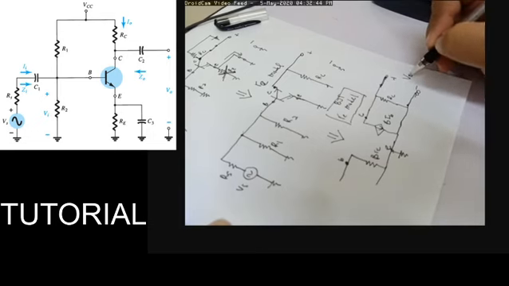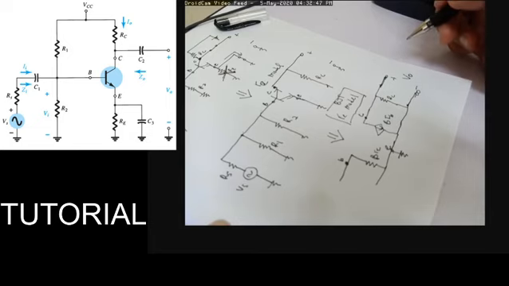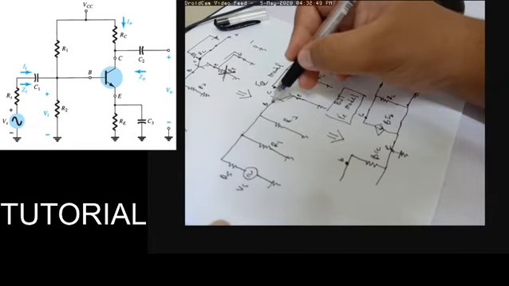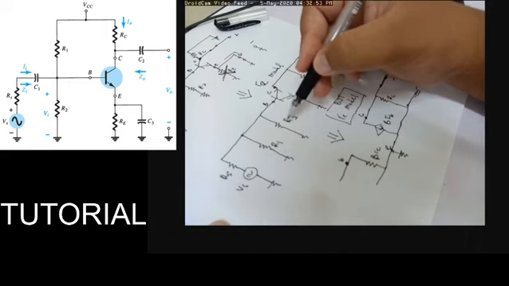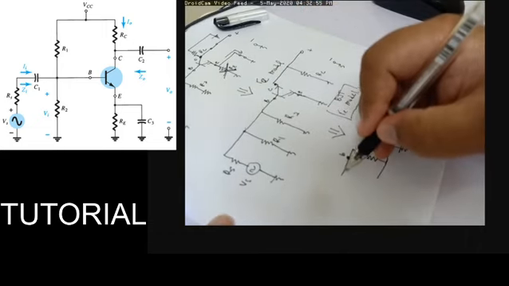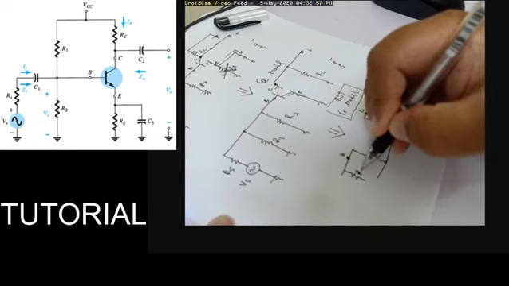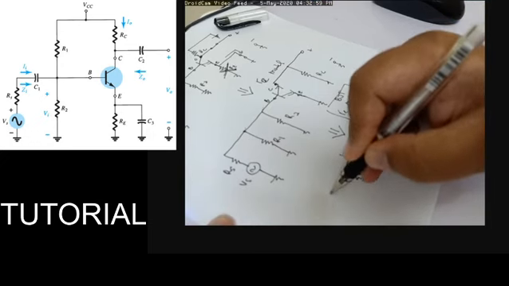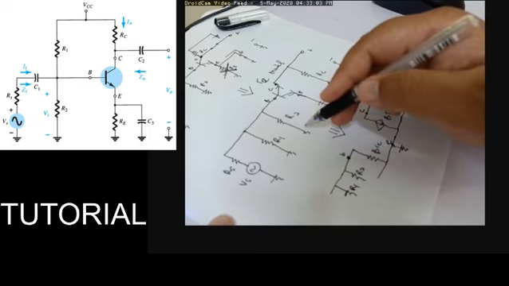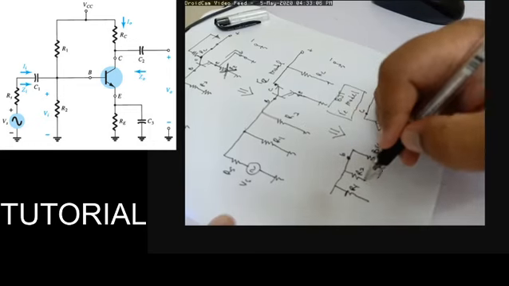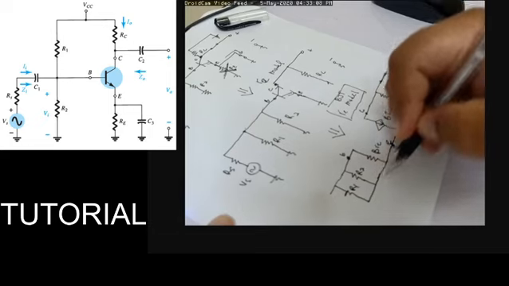This one is Vout. And then let's see the base point. This is the base, connected to R1 and R2, so just put it here. R2 first, and then this side is R1, and R1 and R2 both connect to the ground. So this is ground.